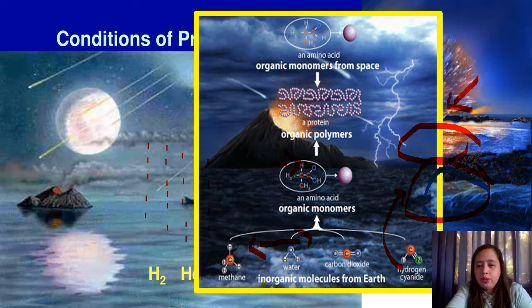Now, because of the precipitation, the continuous rain, it releases methane, water, carbon dioxide, hydrogen cyanide, and the like in our primitive ocean.